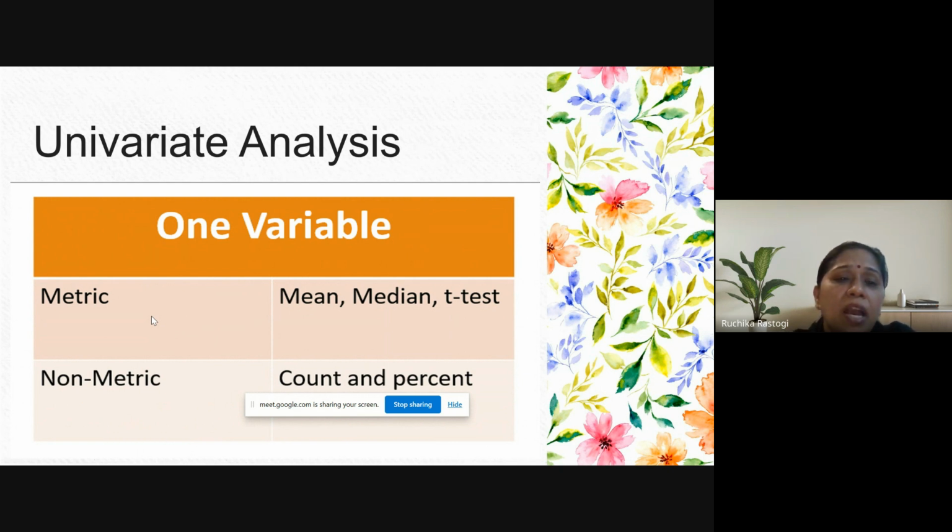Then we also saw that if we have only one variable in the study, and the variable is metric, then what kind of statistical analysis can be done at most? Mean, median, and t-test. You have things in numbers, like the sales of a company or the revenue of a company.